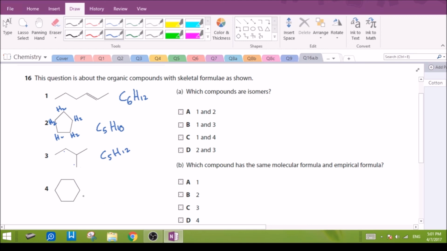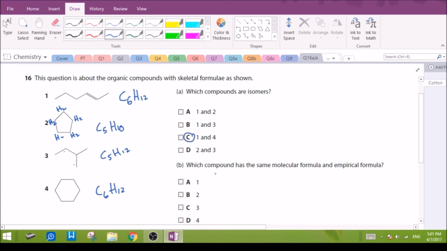There are 6 carbons here, and the hydrogens: 2, 4, 6, 8, 10, 12. So these are their respective formulas. Which ones are isomers? Isomers have the same molecular formula but different structural formulas. So number 1 and number 4 are isomers.